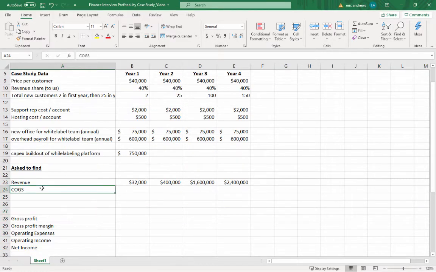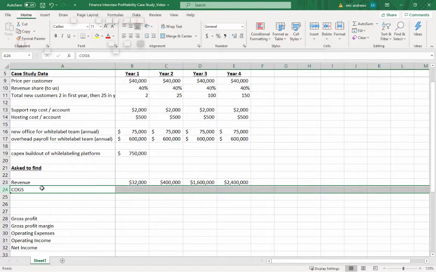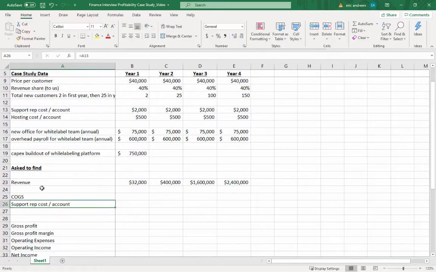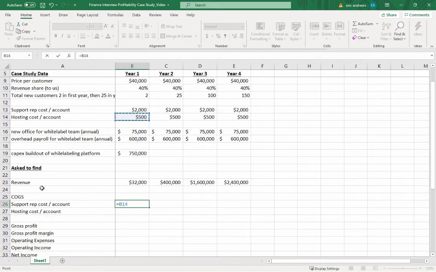That's a nice trick. Anyway, so with cost of goods sold, I'm going to just link in these two titles here. And then what I can do is hit equals. I go support rep, 2,000 per account, times number of accounts. And I'm going to start tapping F4, and right there I'm going to lock the row.